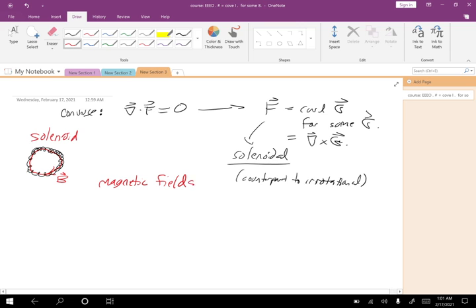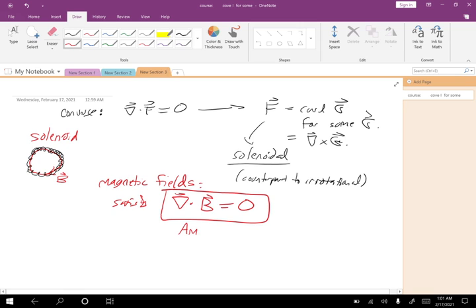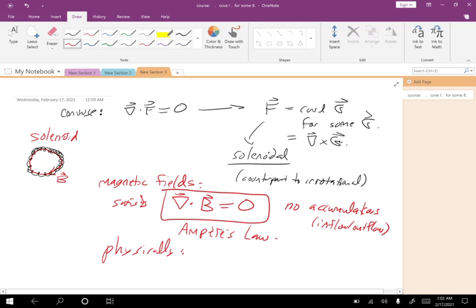And magnetic fields, they actually satisfy 0 divergence. And this is called Ampere's law. And it says there's no accumulations. Remember, that's one of the interpretations of divergence, inflow or outflow. And what this means physically, there does not exist a magnetic monopole.